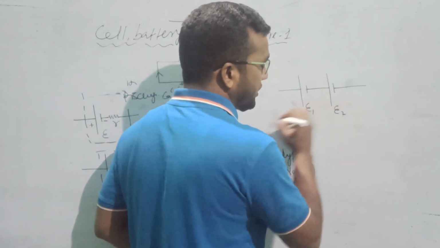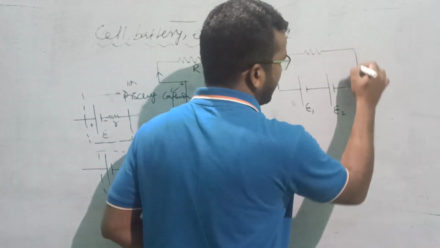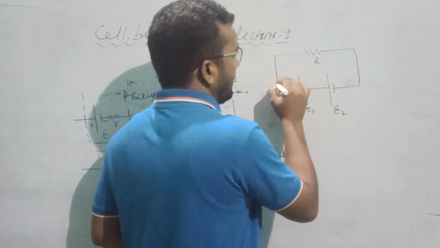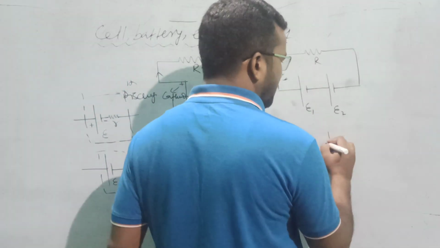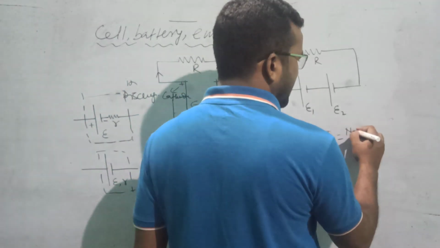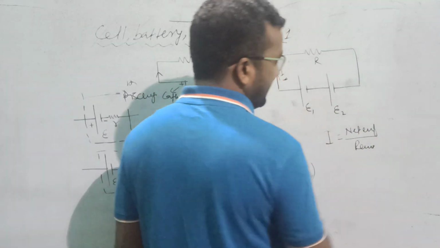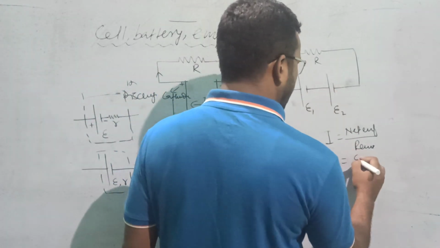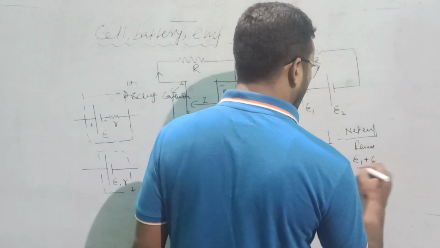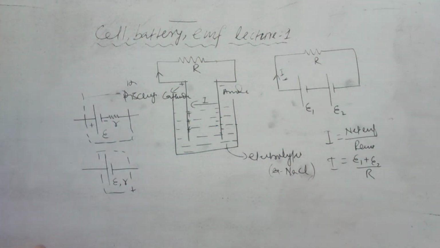Suppose that it is E2 and now it is connected to an external circuit, say R, and if we have to find current I, then the formula will be the net EMF by resistance. Here net EMF, what will it be? It is in same order. So now we can write E1 plus E2 by R. Now the formula will be like this.